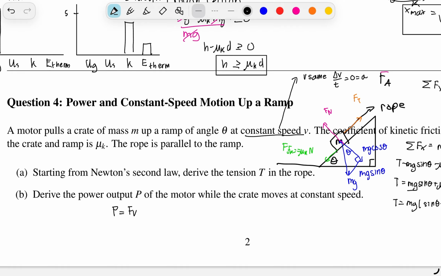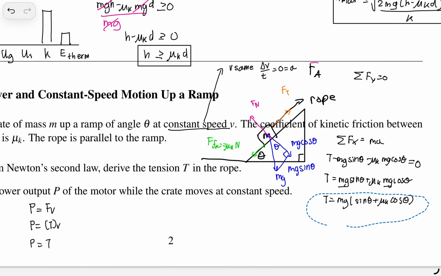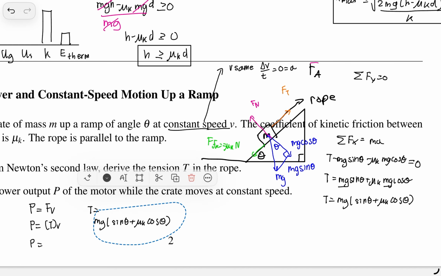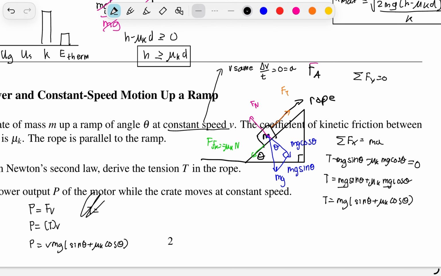In this scenario, your force is the force of tension, which we found over here. We can take tension and multiply all of that by v. So that is going to be your answer.